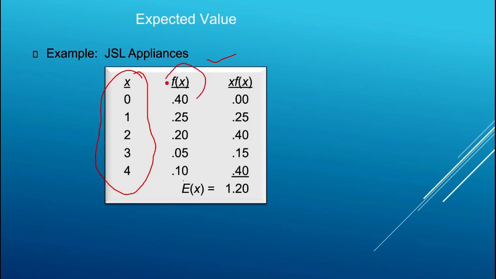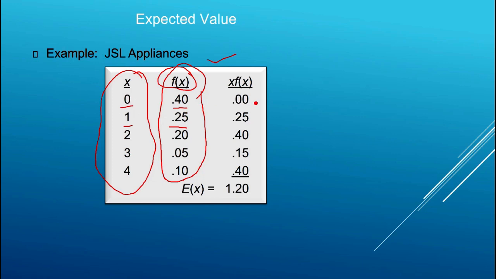We've already defined and calculated the relative frequency associated with each one of these sales figures. 40% of the time we don't sell any TVs, 25% of the time we expect to sell one, etc. We call this the probability function for this discrete random variable. In order to calculate the average, we simply weight each one of the values in the x column by its associated relative frequency or probability of occurrence.